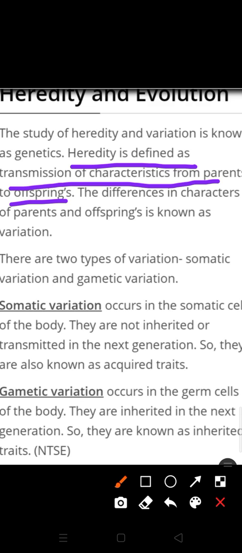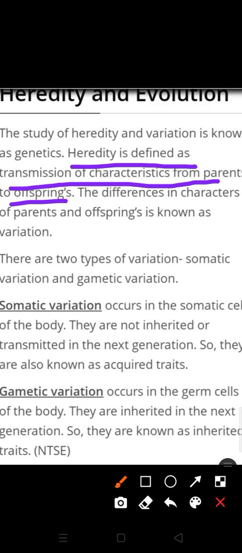Okay, you are having some difference from your parents. You are not just a cut, copy, paste of your parents; you have several differences from them. These differences in characters of parents and offspring are known as variation.